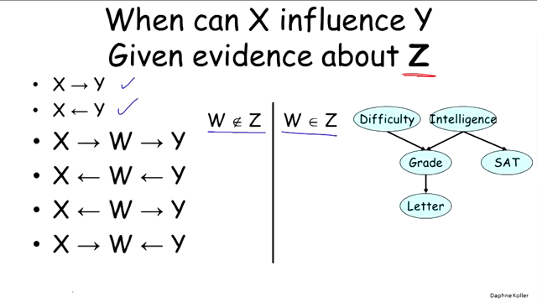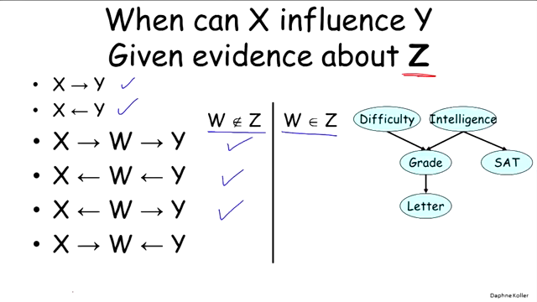In this case, I didn't get to observe W. I'm asking whether X can influence Y via W, and there's really no difference between this case and the previous one. For example, difficulty can still influence letter via grade if grade is not observed. So here, here, and here we have exactly the same behavior as before.